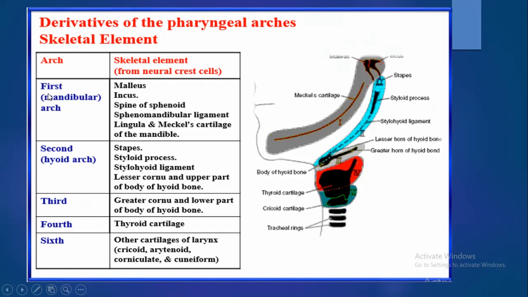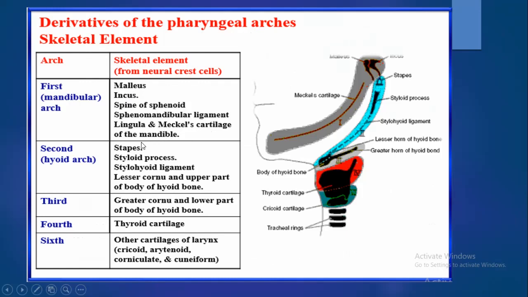The first pharyngeal arch is supplied by the mandibular nerve and is known as the mandibular arch. It gives skeletal elements like the malleus, incus, spine of the sphenoid, sphenomandibular ligament, lingula, and Meckel's cartilage of the mandible.